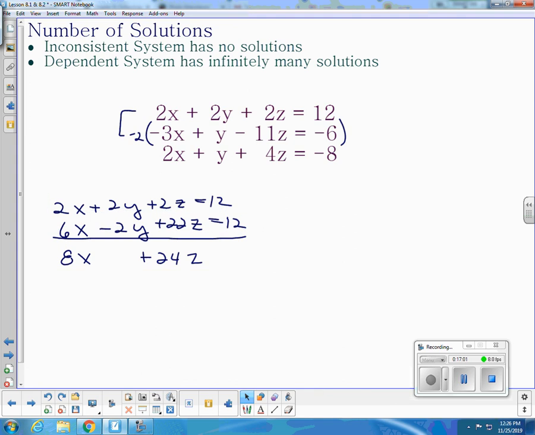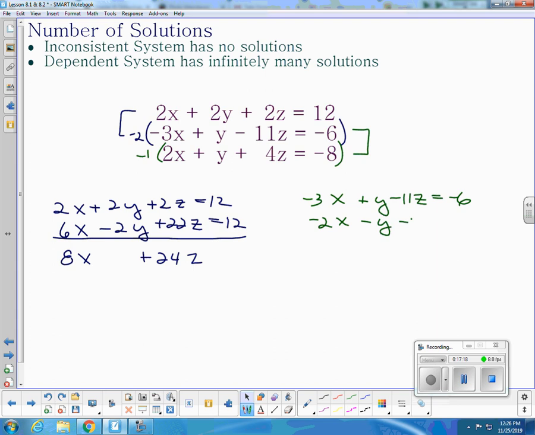And then I'm going to pick the bottom and middle guy. I'm going to multiply the bottom by -1. And you're just going to use elimination. Okay.